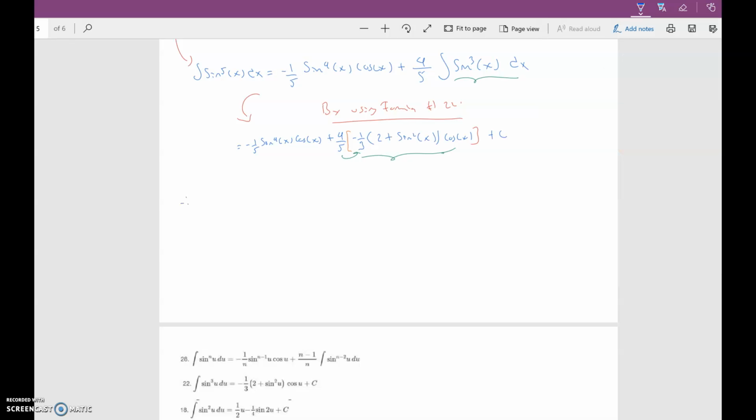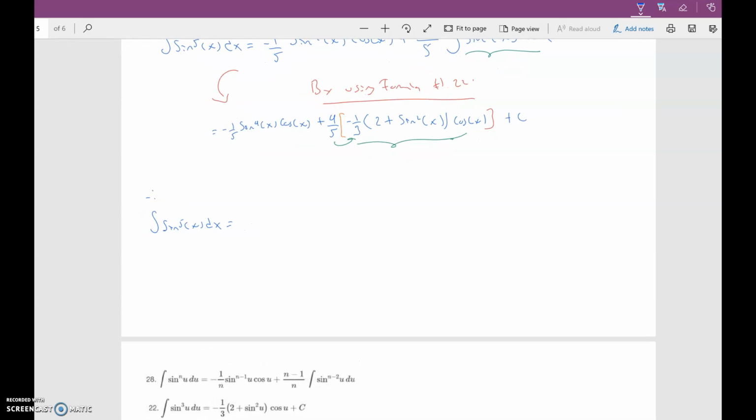In terms of our final answer, it's actually kind of long. The integral of sine to the fifth power of x dx is going to be negative sine to the fourth of x cosine of x over 5 plus, actually it's going to be a minus because of that minus sign.